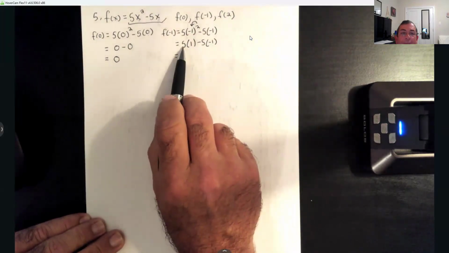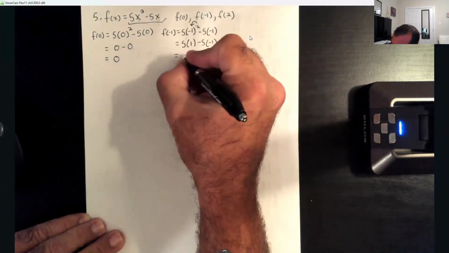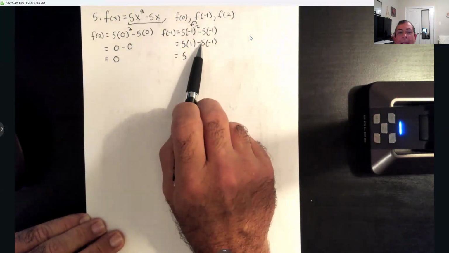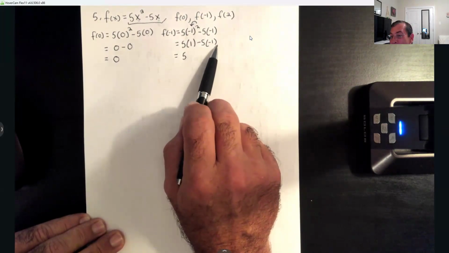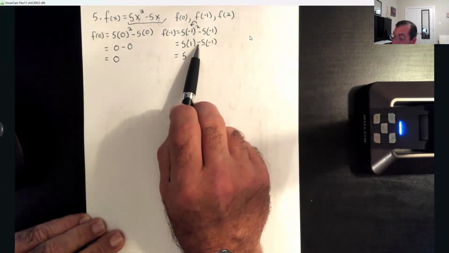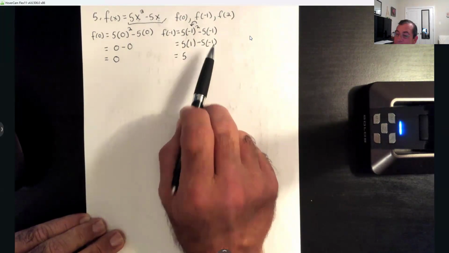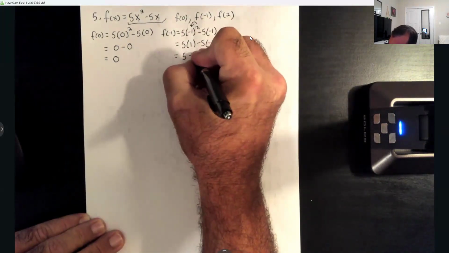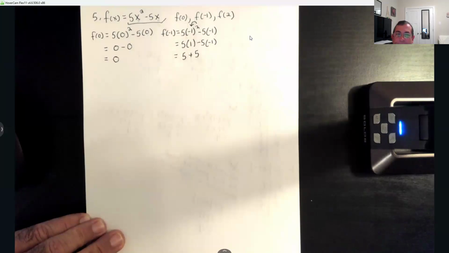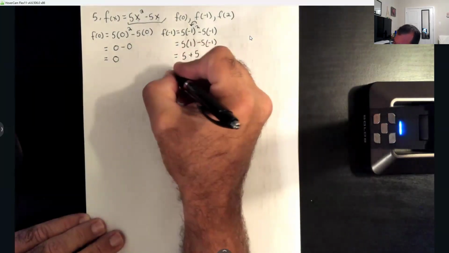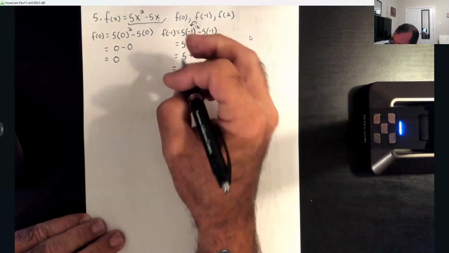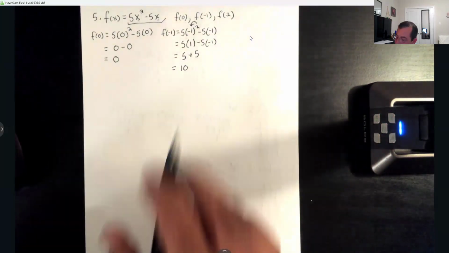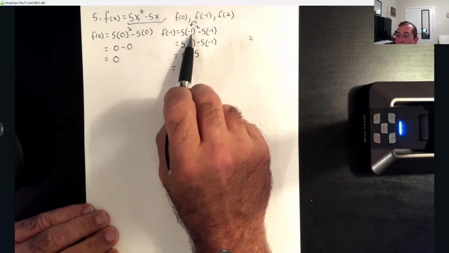Now let's multiply. 5 times 1 is 5. But look at this. You're subtracting 5 times -1, which means you're subtracting a -5, and all those negatives make this a +5. Then 5 plus 5 gives us 10. I'm not going to lie, you can do this on the calculator.